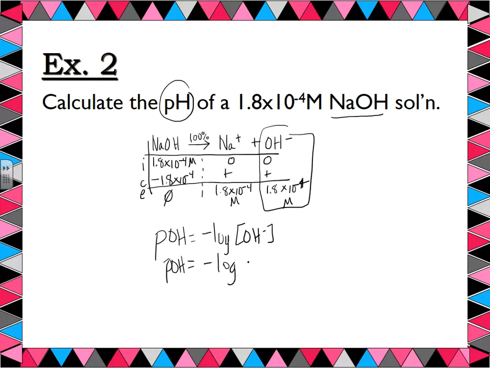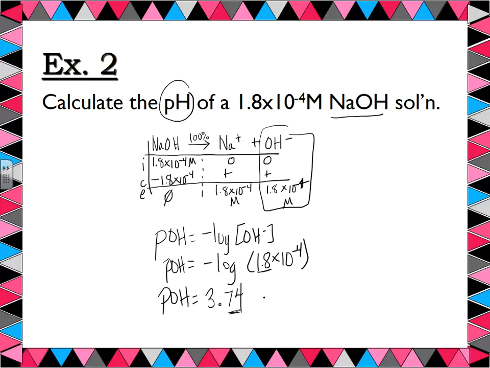So negative log of 1.8 times 10 to the negative 4, and that will give us a pOH of 3.74. Now remember, the number of sig figs in your concentration is going to equal the number of decimal places in your pH or your pOH.